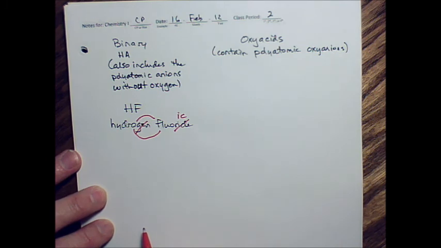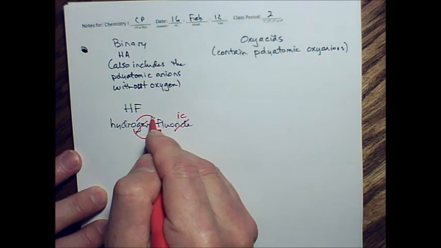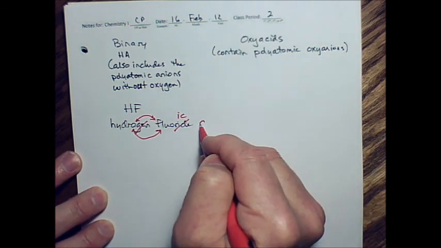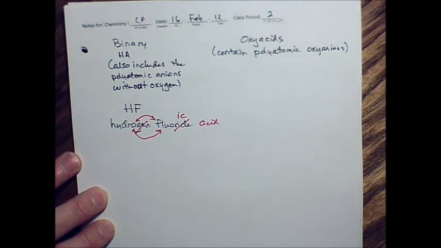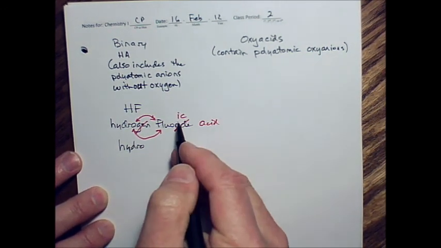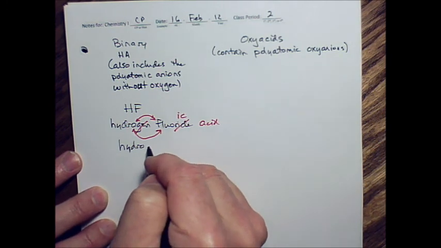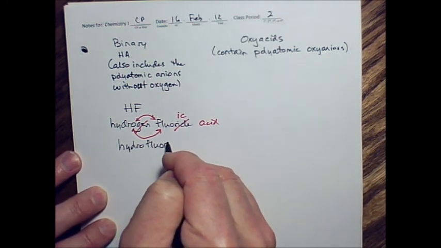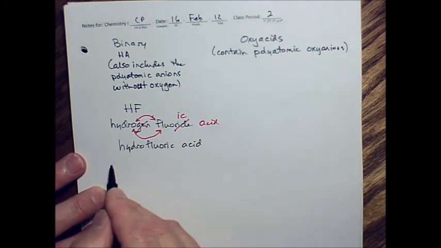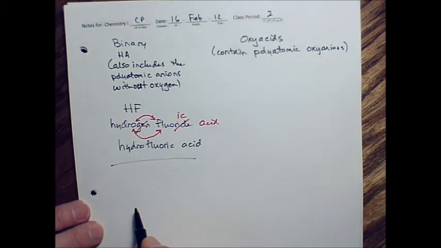Hydrofluoric acid. So you put it all together like one word? Yes. That's why I drew this here. You put them together. And you put the word acid on the end, so this is hydrofluoric acid when you're done. That's what you do for an acid. Hydrofluoric acid. Okay?